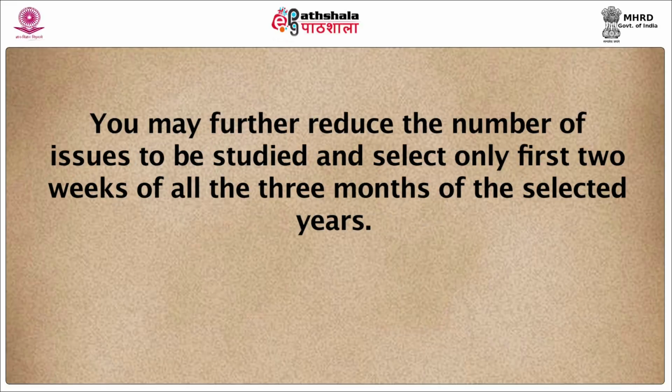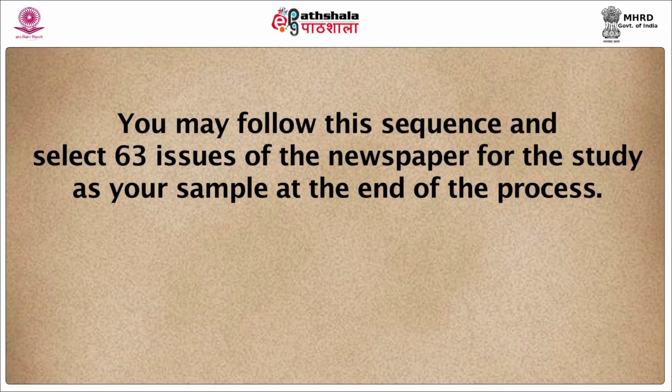You may further reduce the number of issues to be studied and select only the first 2 weeks of all 3 months of the selected years. You may follow this sequence and select 63 issues of the newspaper for the study as your sample at the end of the process.